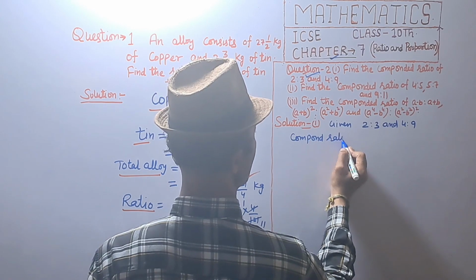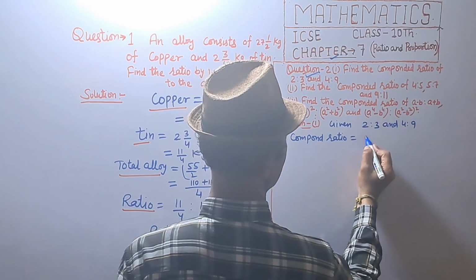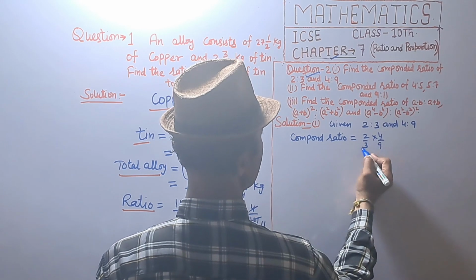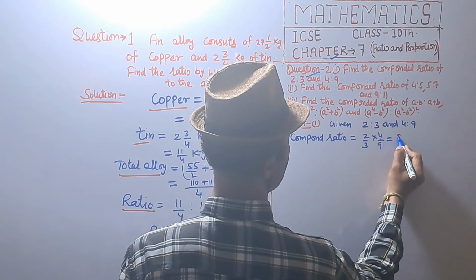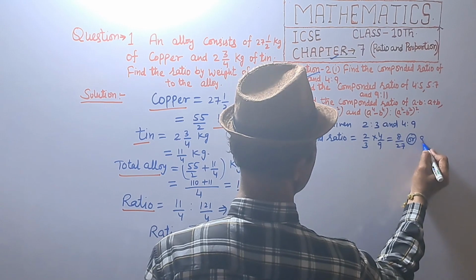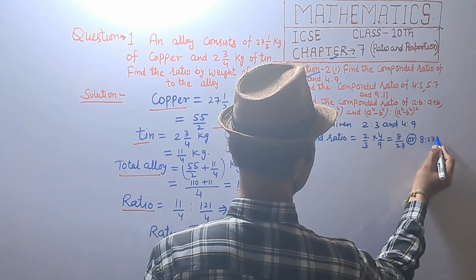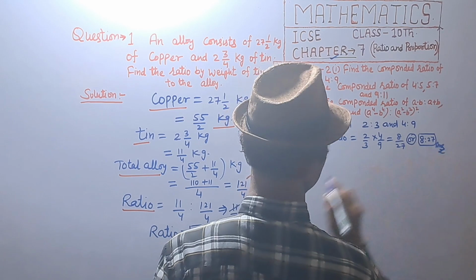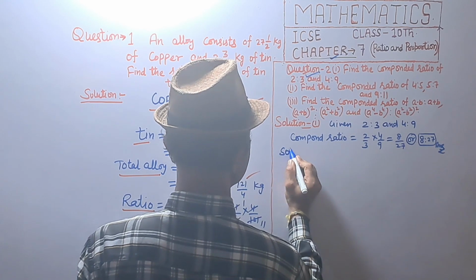Compound ratio is equal to 2/3 into 4/9, that is 8/27, or 8:27. Answer. Solution.